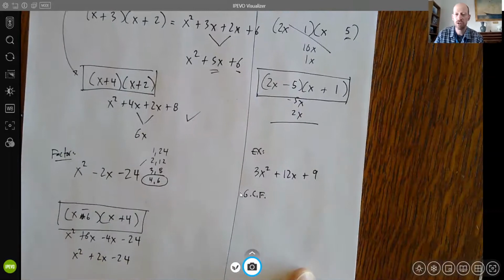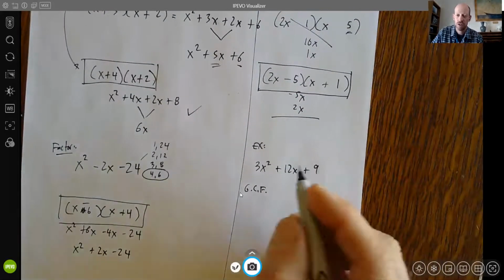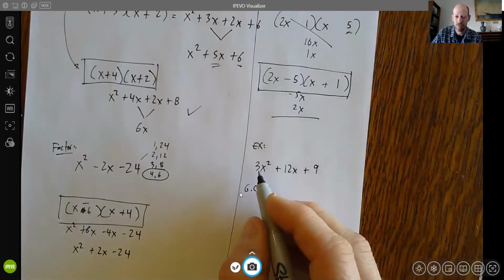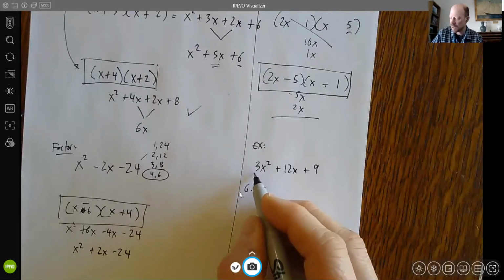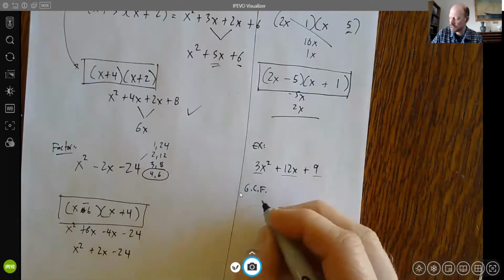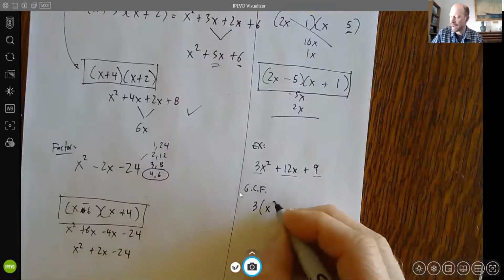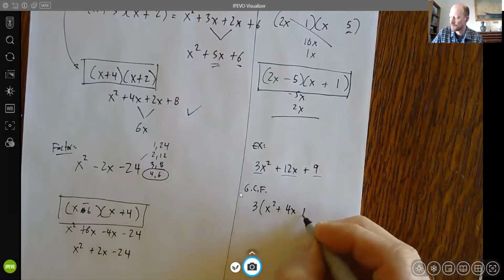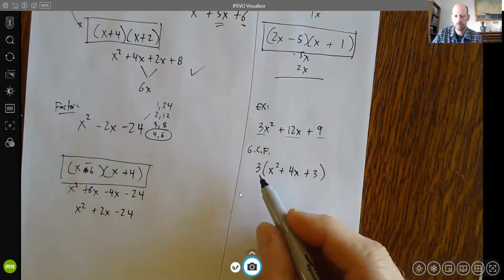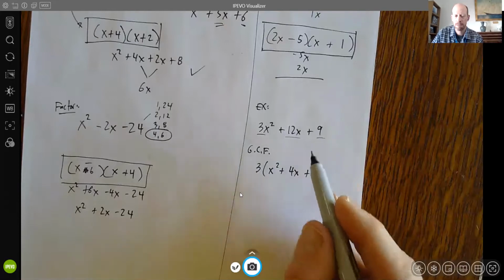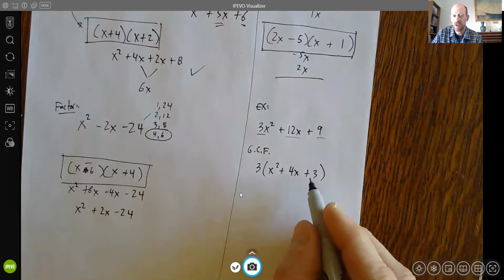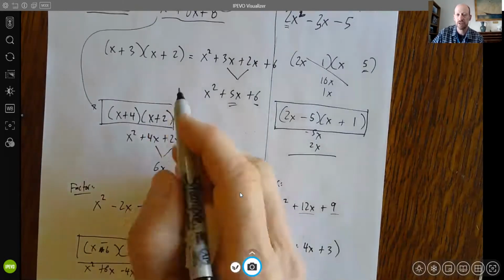We want to make sure to look for the GCF first. So this version is actually kind of a harder version because this 3 is in front, but you can notice that each of these 3 terms has a 3 in it. So it turns out we can pull that 3 out. Again, we check by distributing. This trinomial here is actually like the previous version.